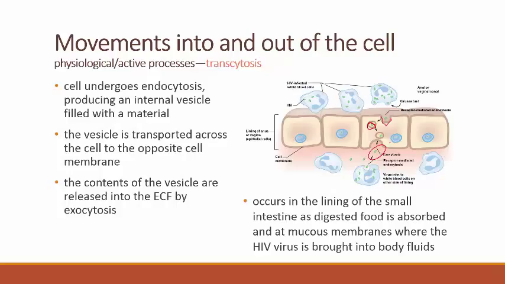So it's endocytosis, no digestion, transport across the cell, and then immediately exocytosis. And so this is how we absorb digested food in many locations of the intestine, and a number of different digested food materials are brought into the body this way. And it also occurs at the lining of the anal canal and in the vagina as the HIV virus is brought into body fluids.